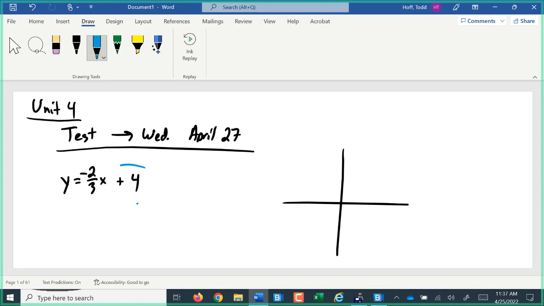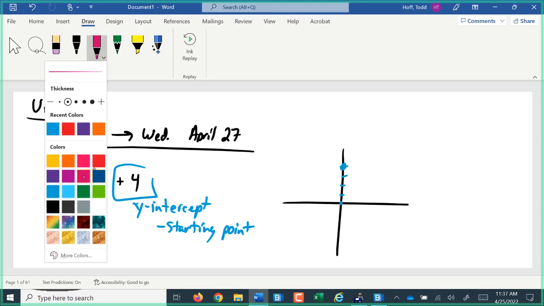The first is a starting point called the y-intercept. And that y-intercept is where it crosses the y-axis. So that plus 4 means that from the origin we went up 1, 2, 3, 4. That is our starting point, or y-intercept.